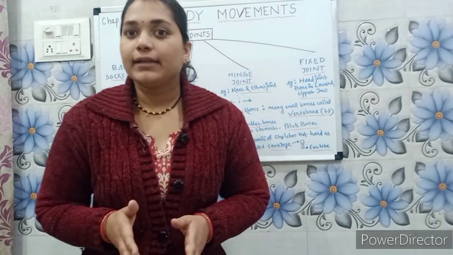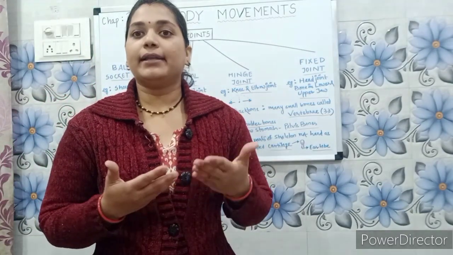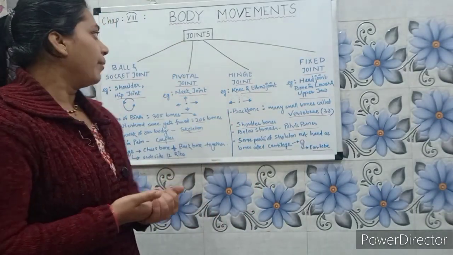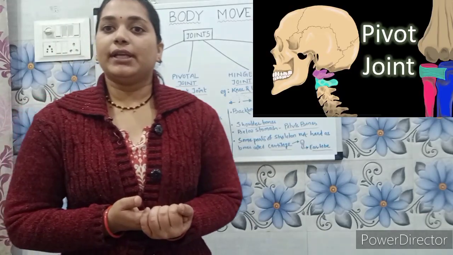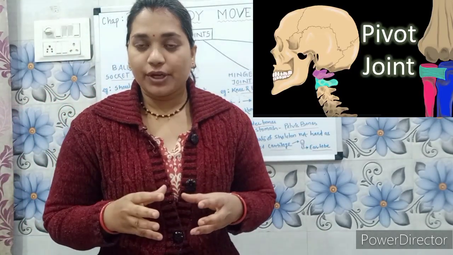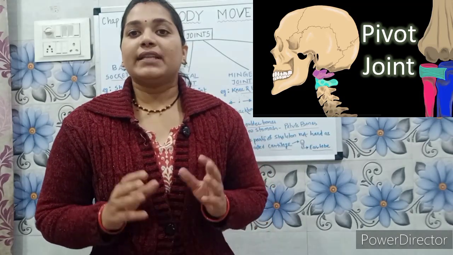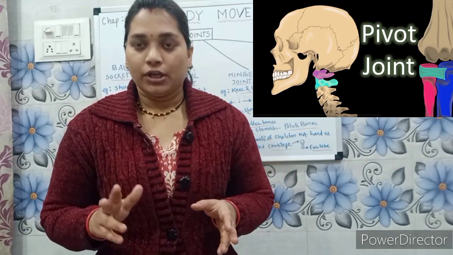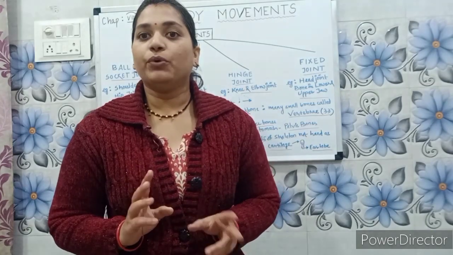Where can we see that joint in our body? Generally our shoulder joint and hip joint are ball and socket joints. Then we come to the pivotal joint. The pivotal joint is at our neck. It has only 4 directional movement, meaning we can look left, right, back and front, not in a rotational way.